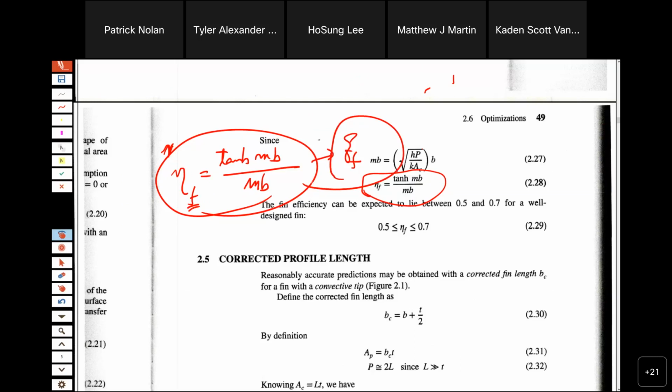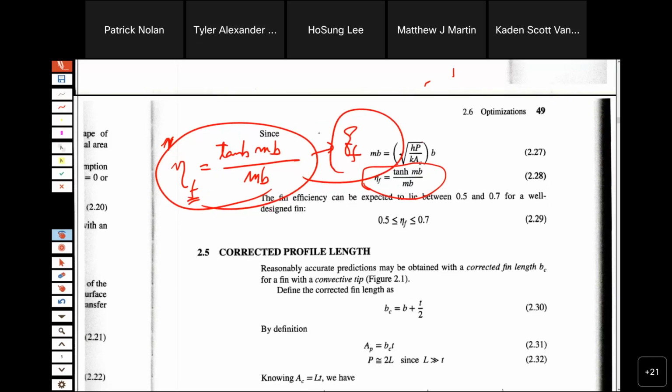Then you have to understand what the efficiency is. Higher the better? No, that's the problem.